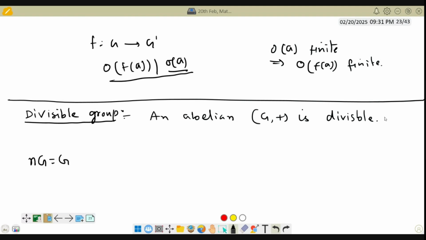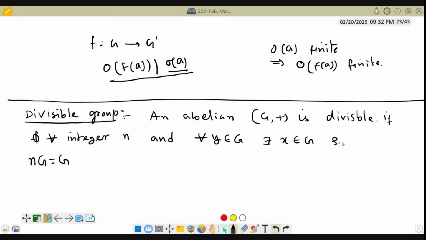G, plus, is divisible if for all integers n and for all y belonging to G, there exists x belonging to G such that n x is y. This is the definition of that. It means nG is the same as G.